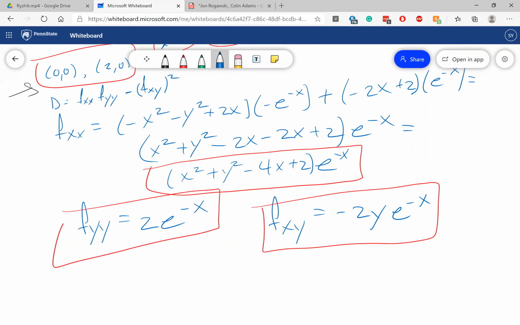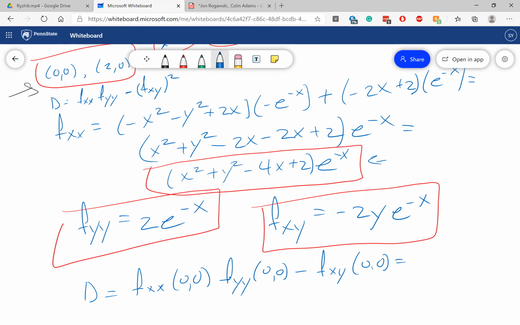So our D is going to be, again, f_xx at (0,0) times f_yy at (0,0) minus f_xy at (0,0), squared.